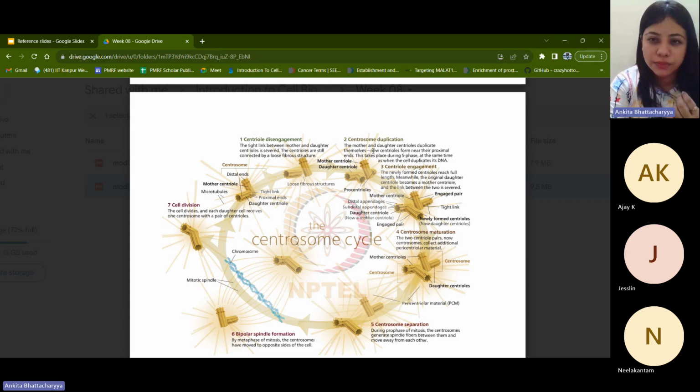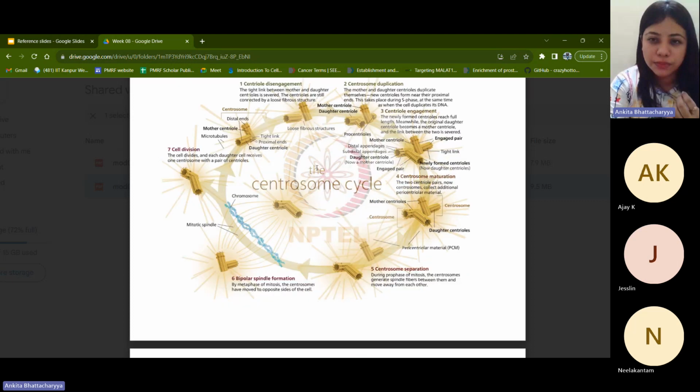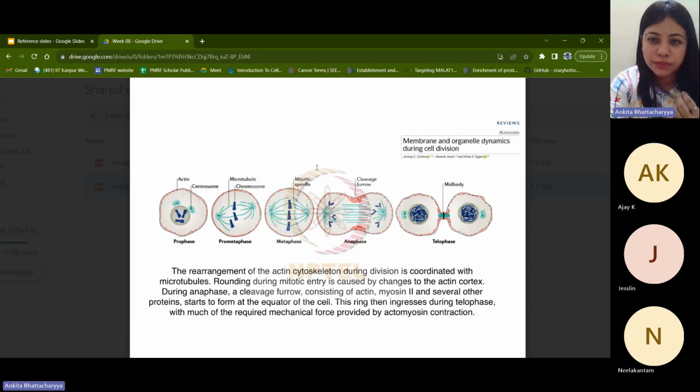You can see the chromosomes aligned at the center, indicated in blue, and at the two ends, you can see the two centrosomes that are present, indicating the bipolar spindle. And finally, the cell will divide, and each daughter cell will receive one centrosome with a pair of centrioles. And when that cell undergoes division, again, that pair of centrioles will undergo duplication and they'll form two centrosomes for the cell.